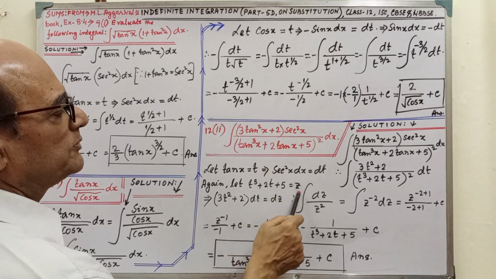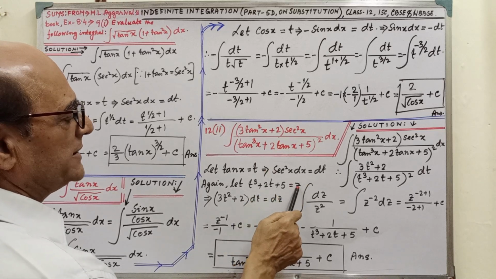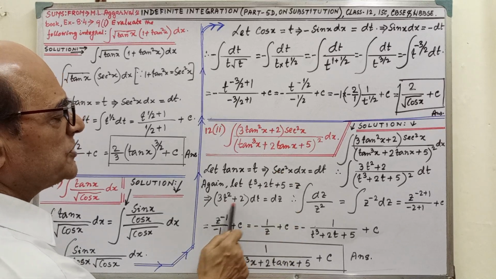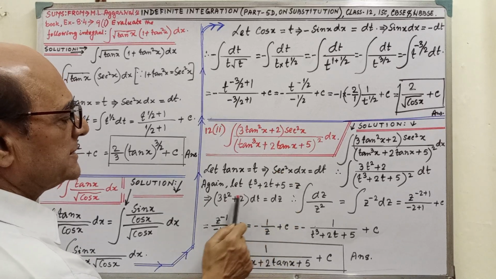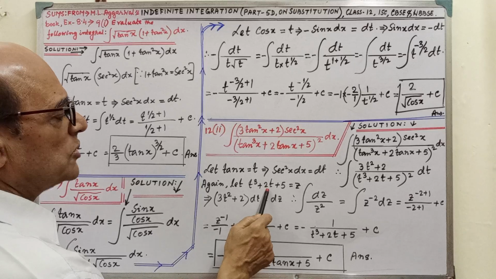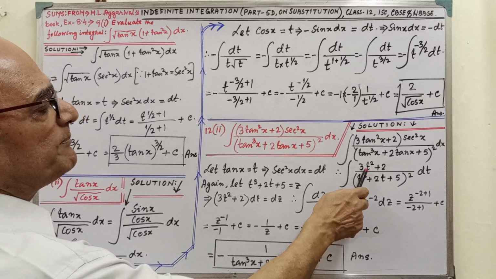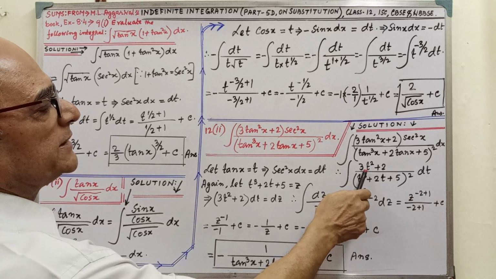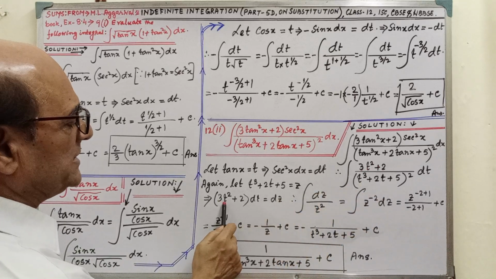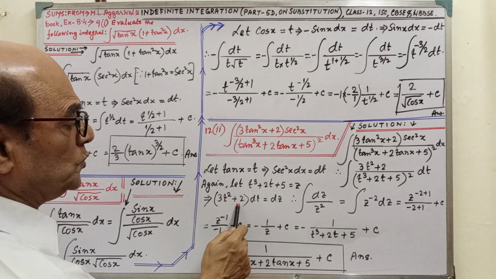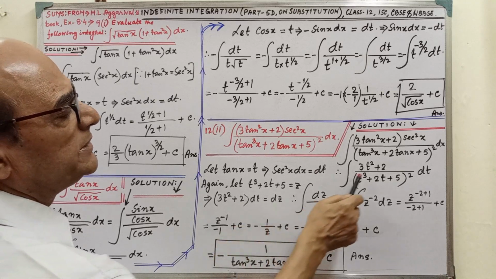This is why we have to take a different variable, that is z. Then by differentiation of t cube, that is 3t square, and differentiation of 2t, that is 2 dt, dz. Therefore 3t square plus 2 dt equal to dz.